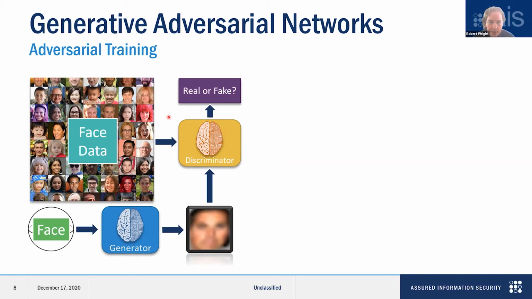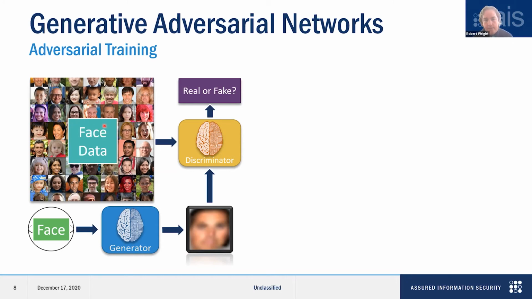And then you have a generative model that is supposed to produce the phenomenon that we're interested in. So in this case, faces. We have source data of lots of different faces that we're interested in modeling, and we want this generator to produce something that approximates what's in here.